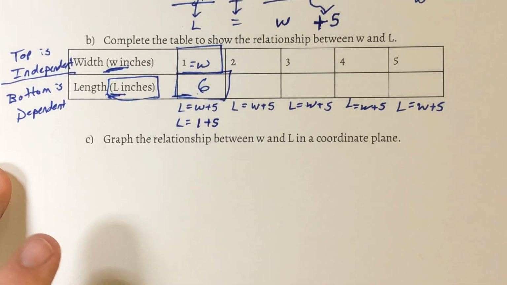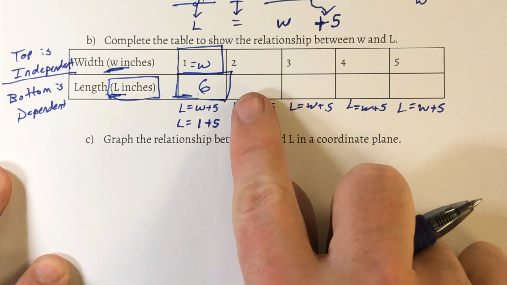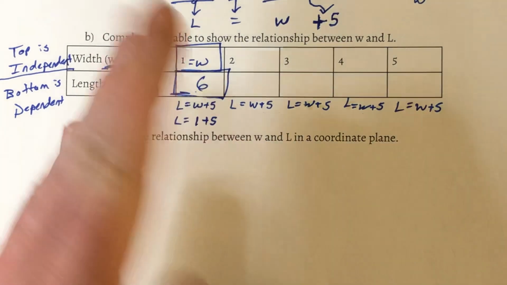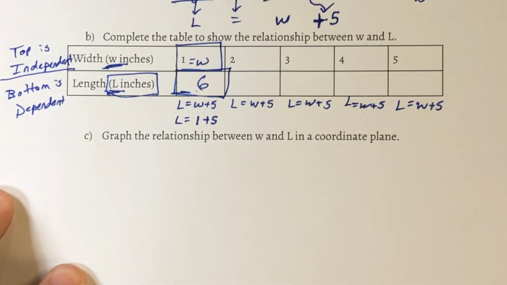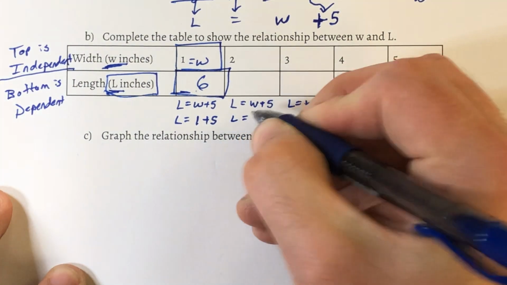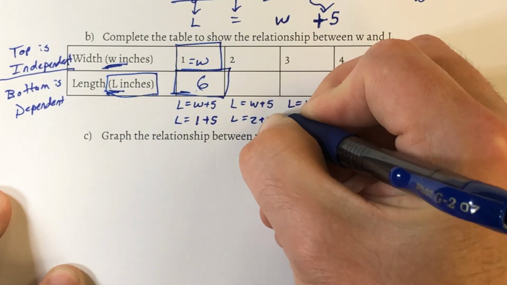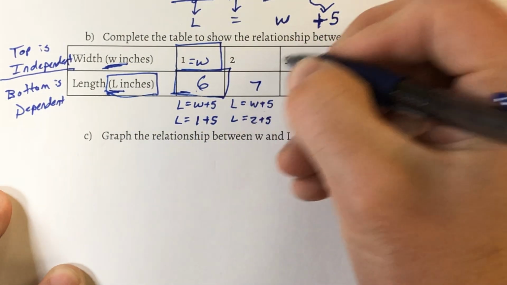6. I know what you're thinking. Can't I just do 7, 8, 9, 10? Well, if you're just learning patterns, but we're not learning patterns here. We're learning how to write equations and solve equations. So, show your work. So, L equals, what is W this time? 2. We're going to add 5 to it according to the equation, and you get 7.